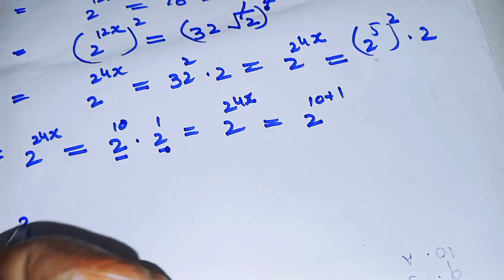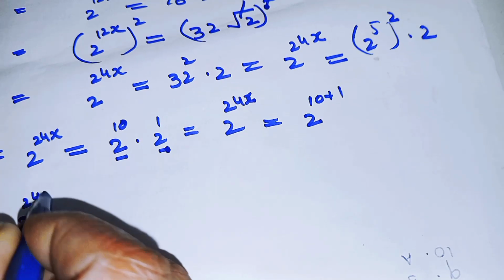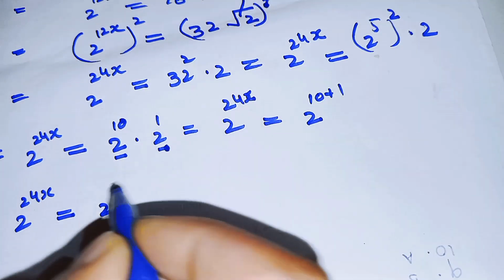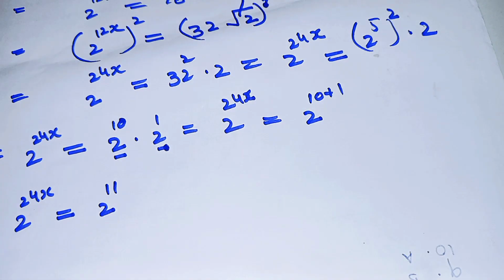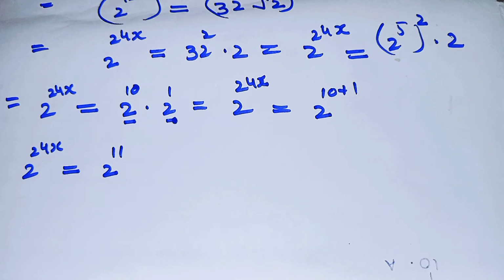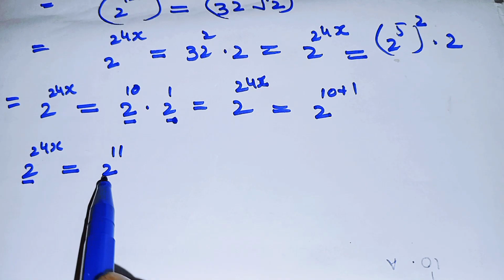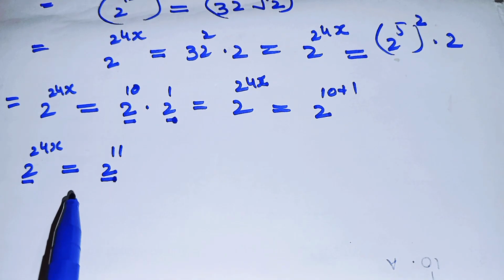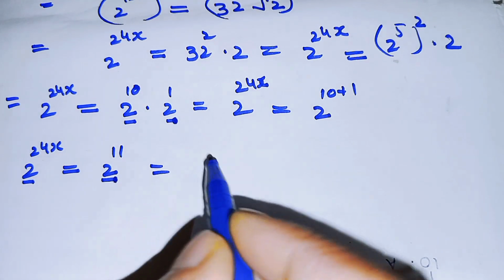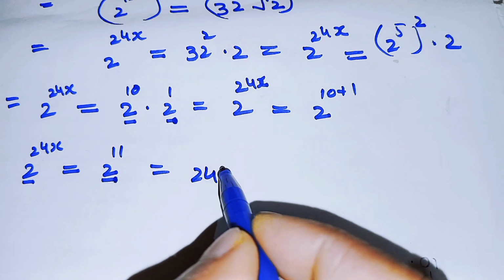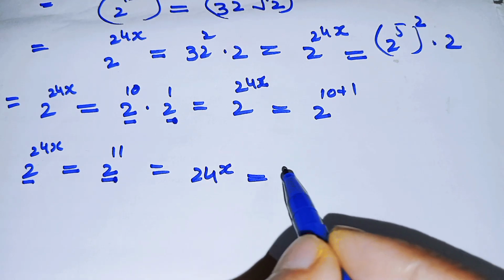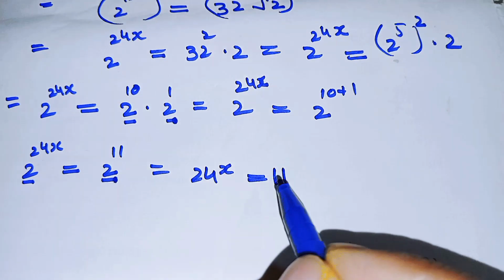So 2 to the power of 24x is equal to 2 to the power of 11. You know that with the same bases, we can equate these powers, and 24x is equal to 11.